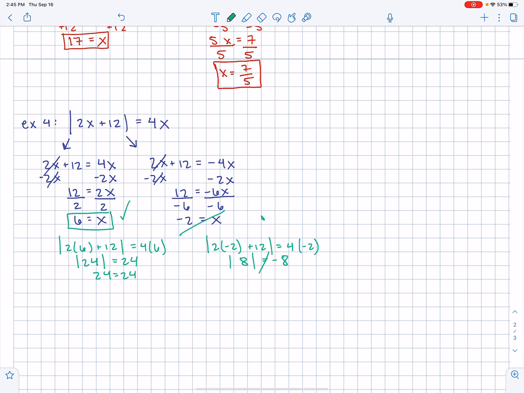And this is what we call an extraneous solution, meaning that even though we did all of our work and we did it properly, we introduced a solution that doesn't work. So the only one that works for this equation is x is equal to 6. That's the only one you can keep. You have to cross off this x equals negative 2. So this one only has one solution that works for you.